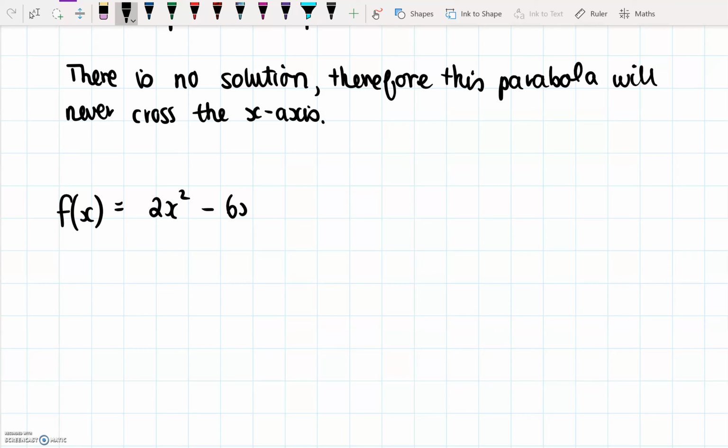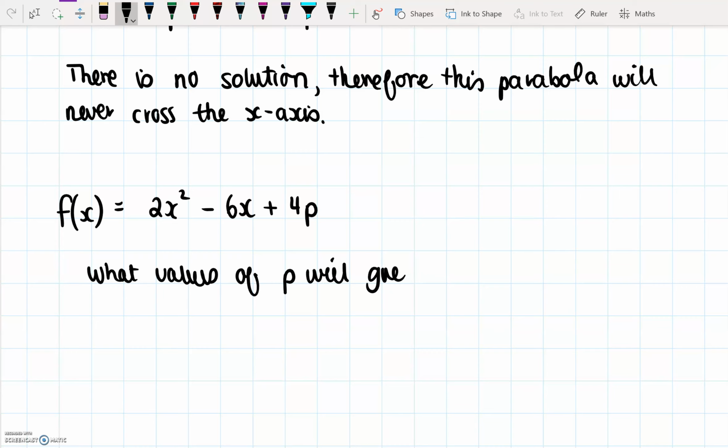So what values of p will give two solutions for x? That means again we're crossing the x-axis.